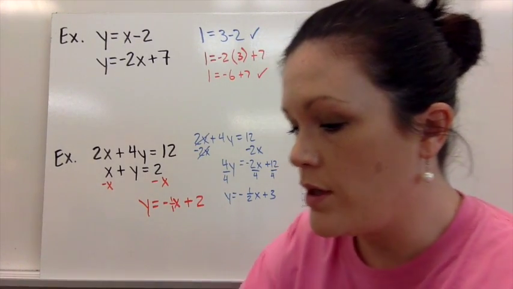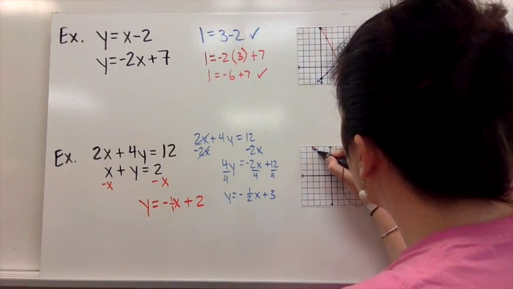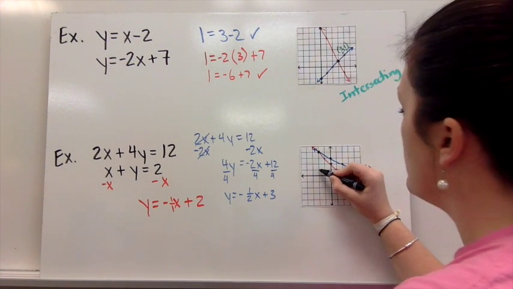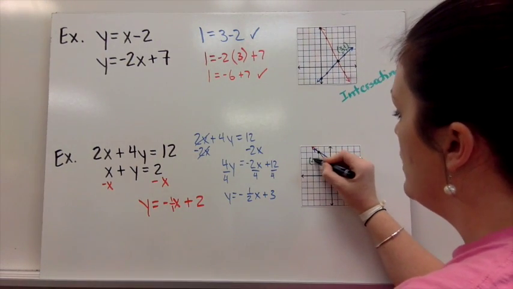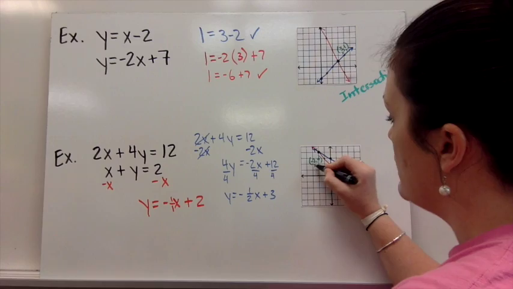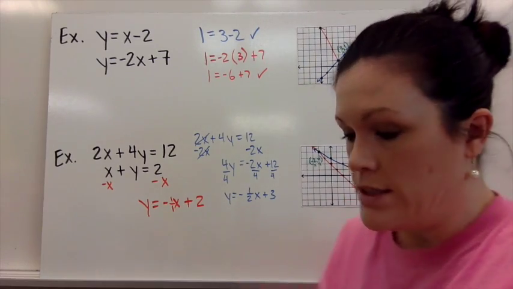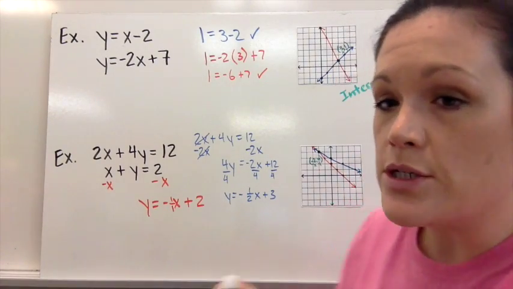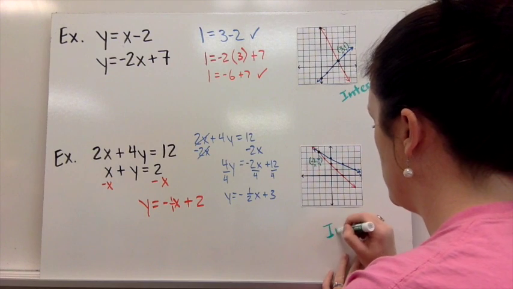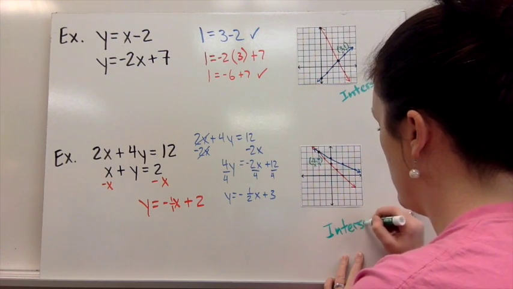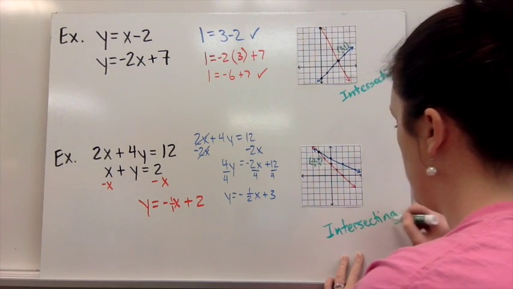So I end up with an intersection at, let's see, negative 2, 1, 2, 3, 4. Negative 2, 4. So negative 2 is the x and 4 is the y. These are also intersecting like the first example was. So let's add that to our notes. That's an example of intersecting.